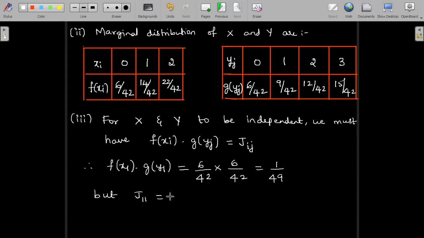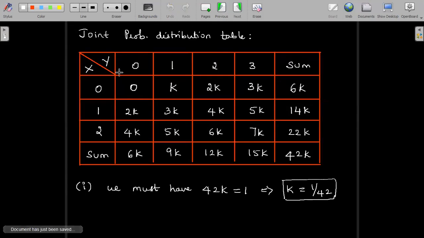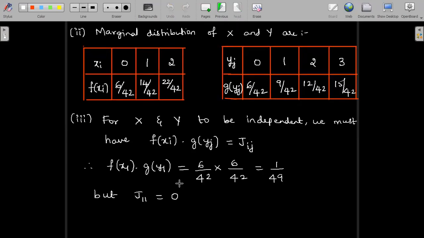So we observe that J11 is equal to 0. This is the observation that we can make from the joint probability distribution table. So J11 is 0, but f of x1 into g of y1 is 1 by 49 from the marginal distributions. So that is why we conclude that f of x1 into g of y1 is not equal to j11.